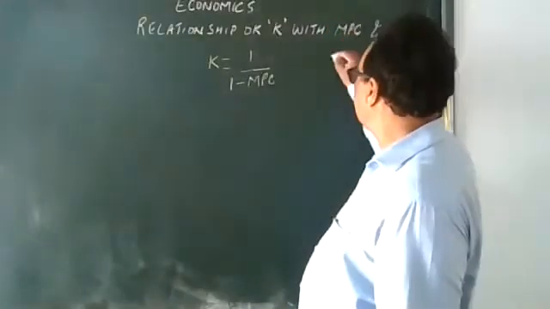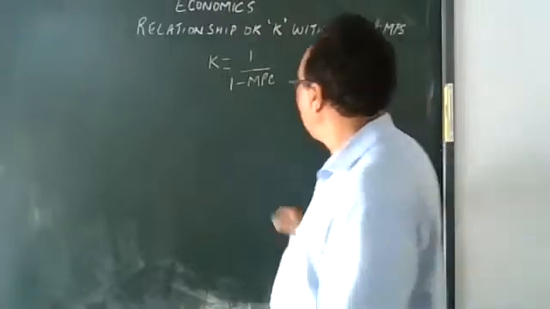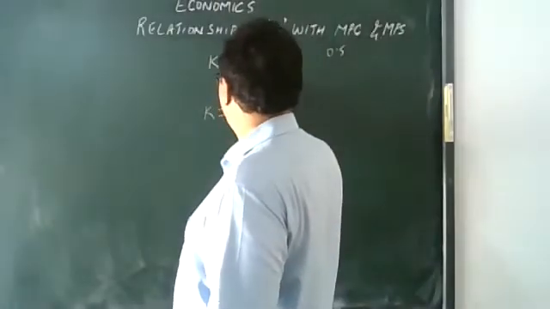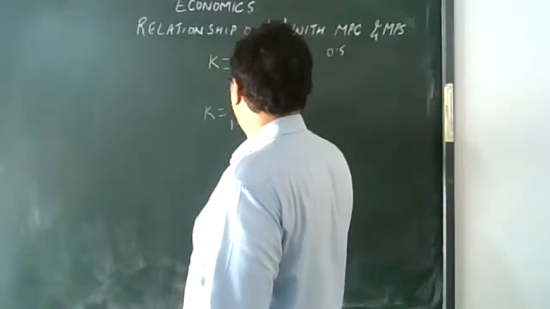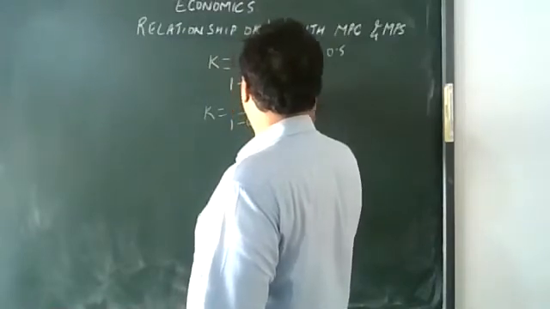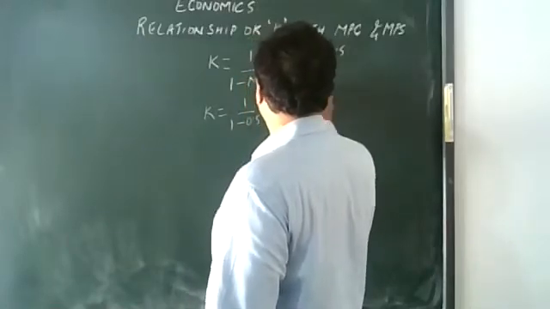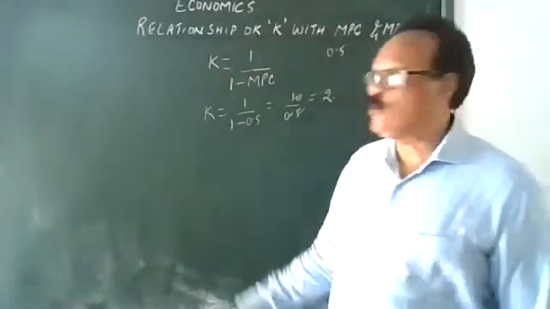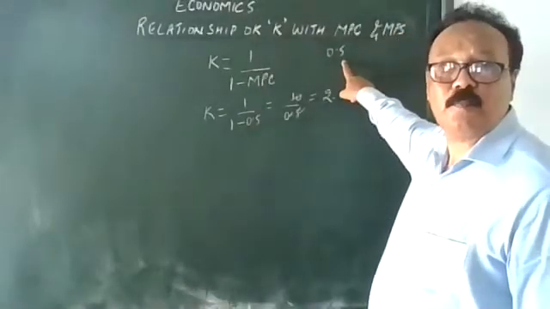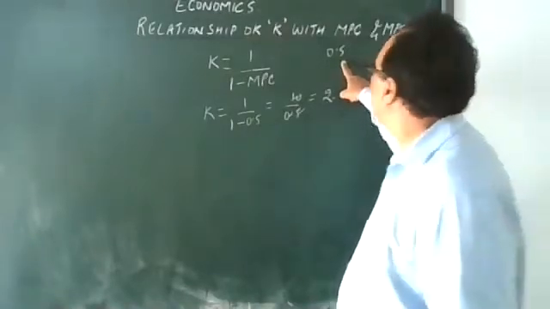Suppose MPC is 0.5. K is equal to 1 upon 1 minus MPC, that is 1 upon 0.5, which is equal to 2. This is when MPC is 0.5. Let us increase it and see what happens.